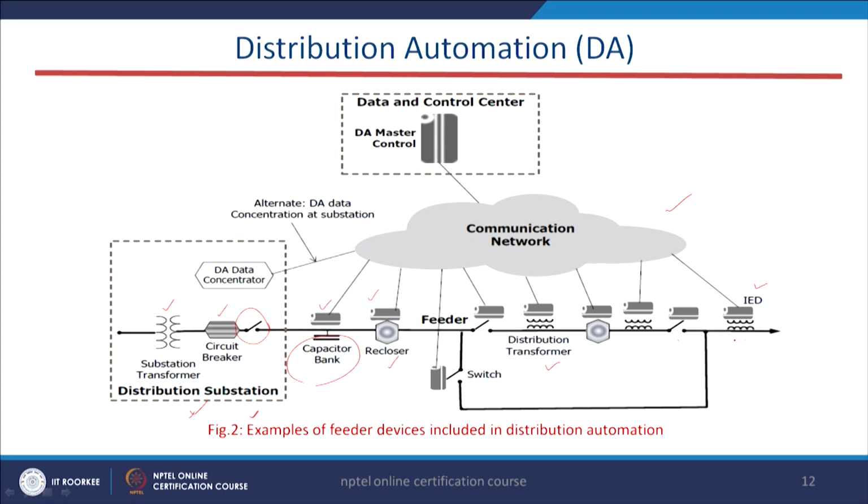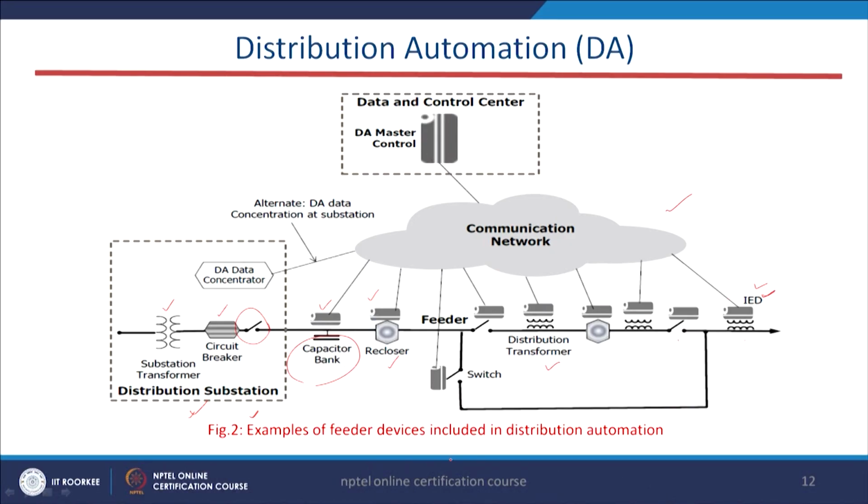Now, every device is associated with one IED, that is intelligent electronic device. This IED will communicate through this communication network to the data and control center. This is the master control center of the distribution automation system, that stands for DA master control.